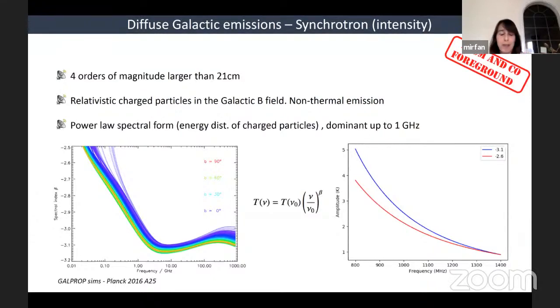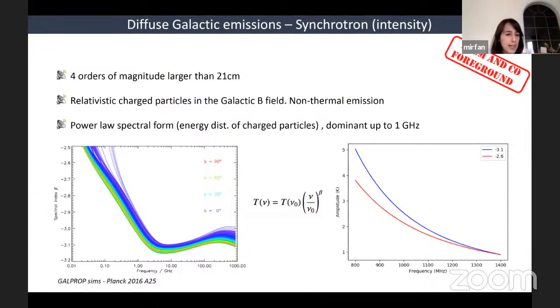Now, the synchrotron spectral index itself is quite interesting because as these charged particles propagate, they suffer energy losses. And that means that the spectral index changes depending on where exactly you're looking. What I'm showing on the left is a plot taken from a Planck paper, but it was done by the GALPROP group.